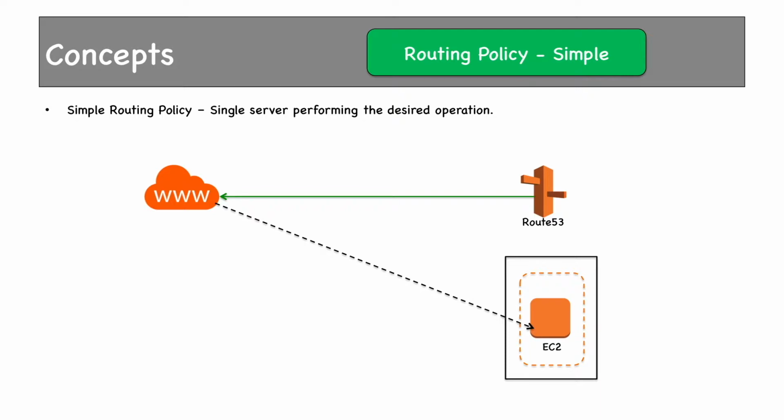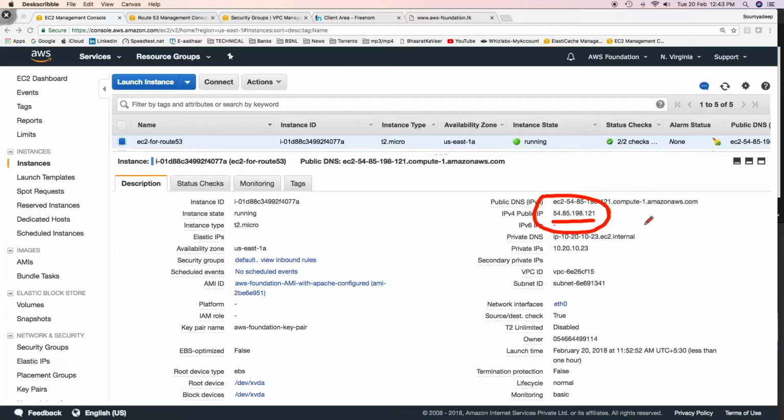If you use the nslookup command on our domain name, it should return the public IP address of this EC2 instance. Let's go ahead and see that. This is the IP address of our EC2 instance. If I do an nslookup on aws-foundation.tk, I should get this IP address.